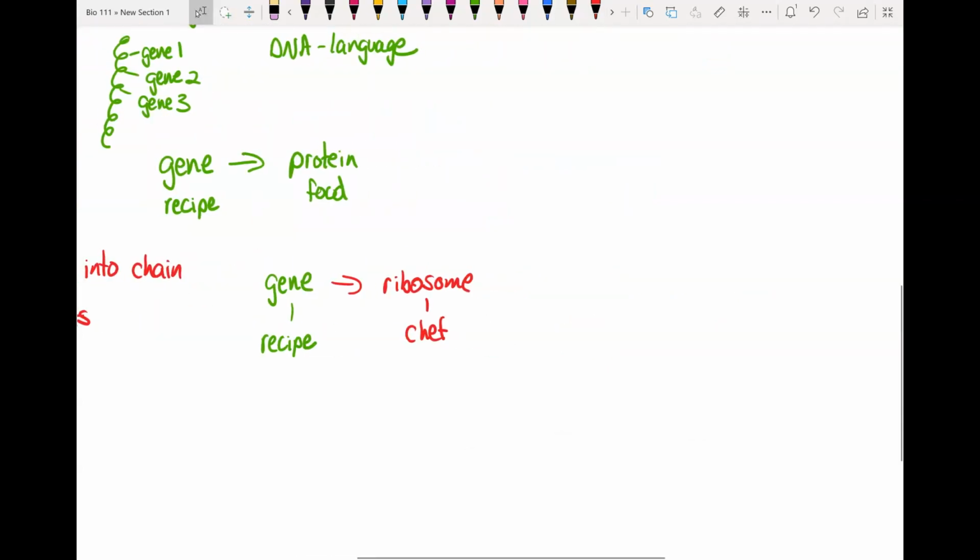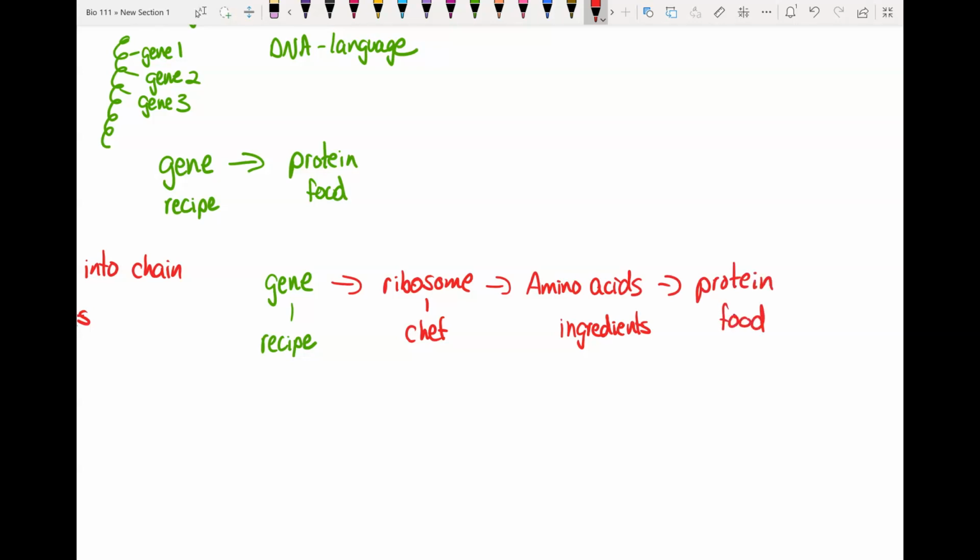The ribosome will follow those instructions to assemble the amino acids, which are the ingredients, and build an amino acid chain that will then be twisted and folded into a 3D shape, which is your protein, which is the food. So if we think of, I have a recipe for chocolate chip cookies, I give that to the chef, he gathers up the amino acids, the ingredients, which would be like the sugar and the butter and the eggs and the chocolate chips, and puts them all together and makes a cookie.